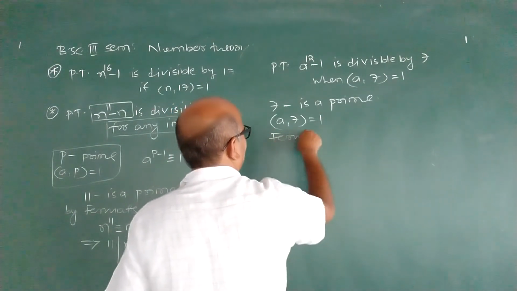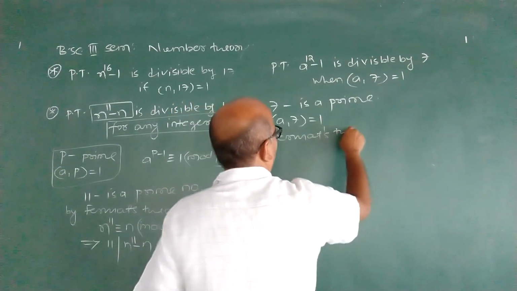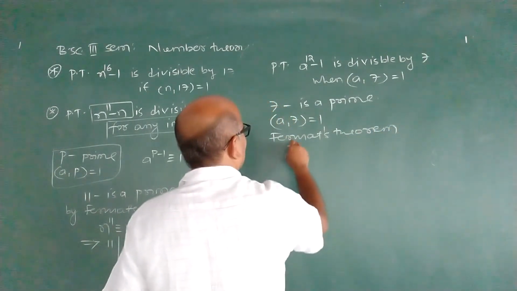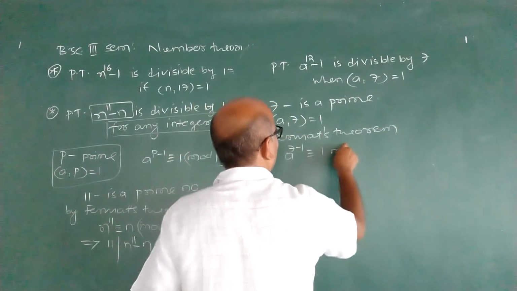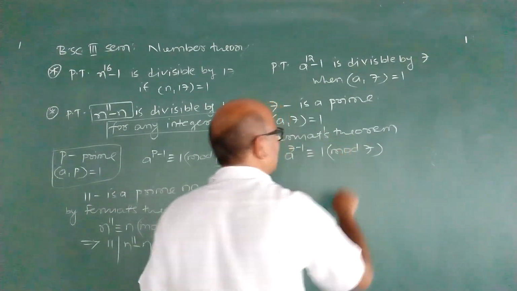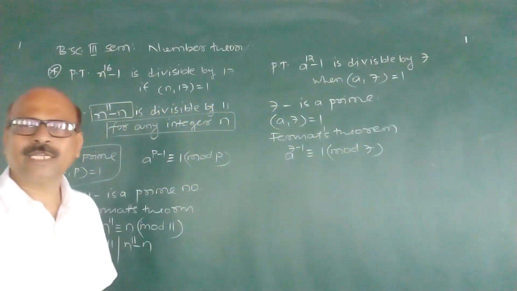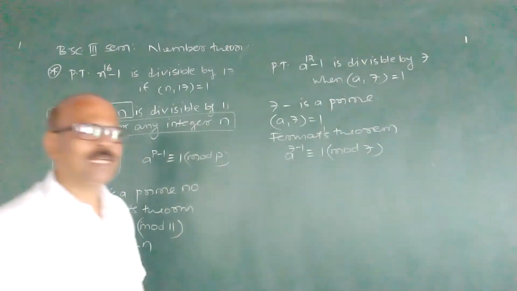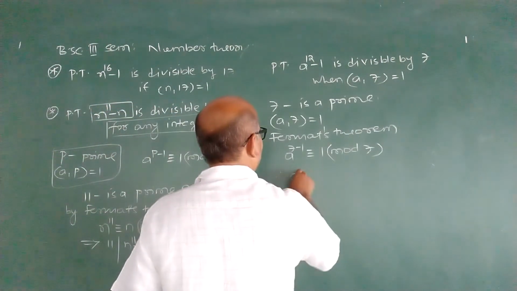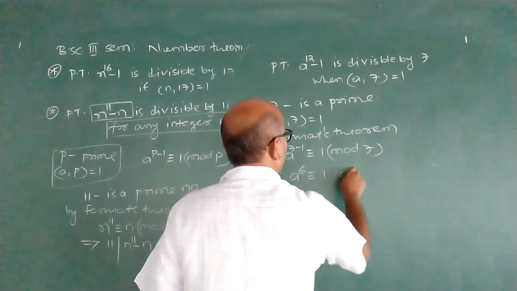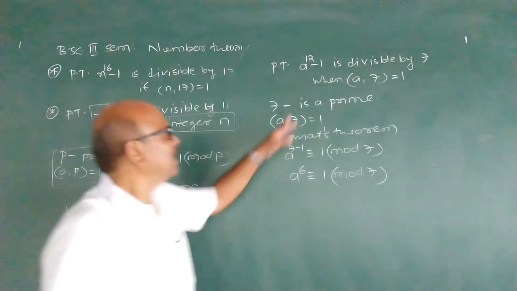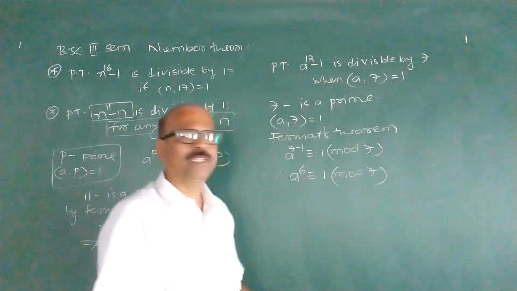What is Fermat's theorem? By Fermat's theorem, a raised to 7 minus 1 is congruent to 1 mod 7. Both the conditions are satisfied: 7 is a prime number, and a and 7 are relatively prime. Therefore, a raised to 6 is congruent to 1 mod 7. But what do you require? a raised to 12 minus 1 is divisible by 7.